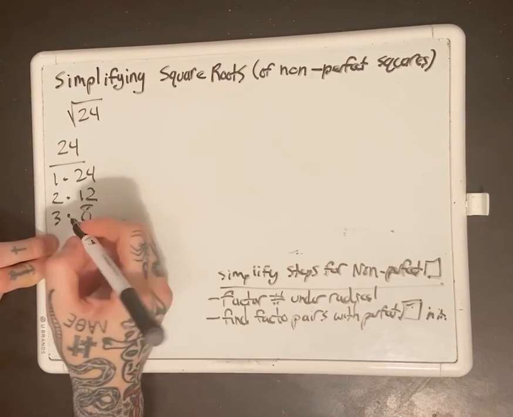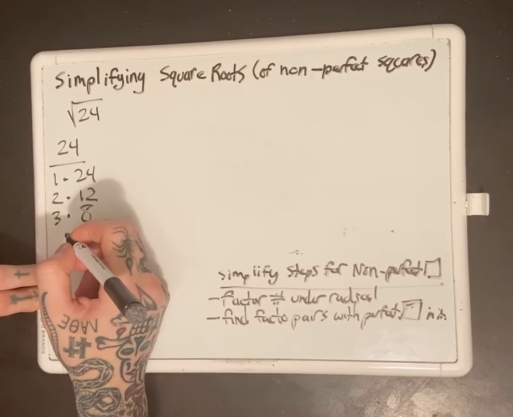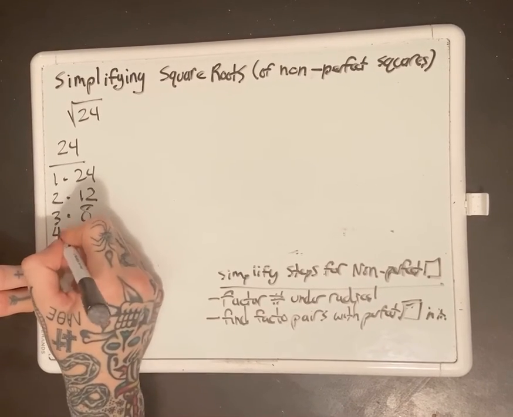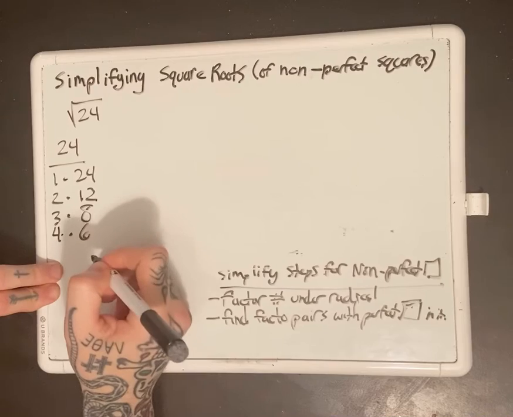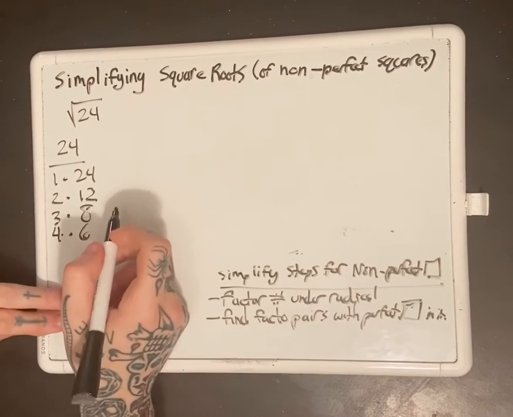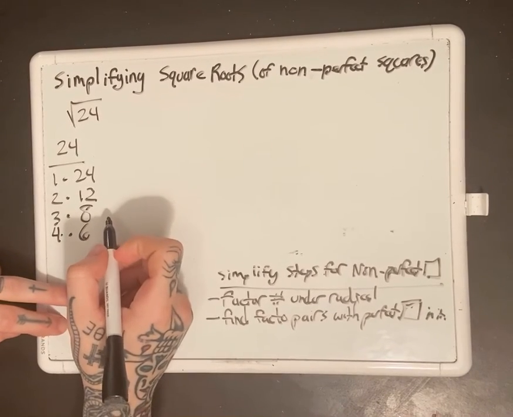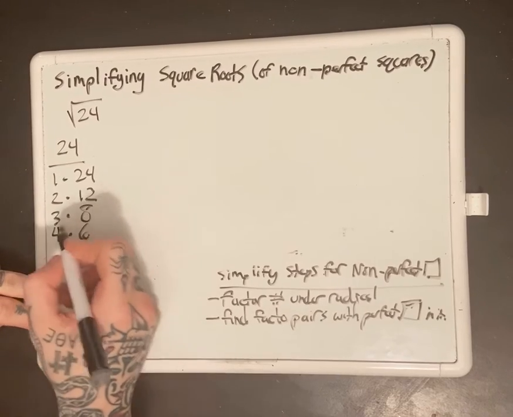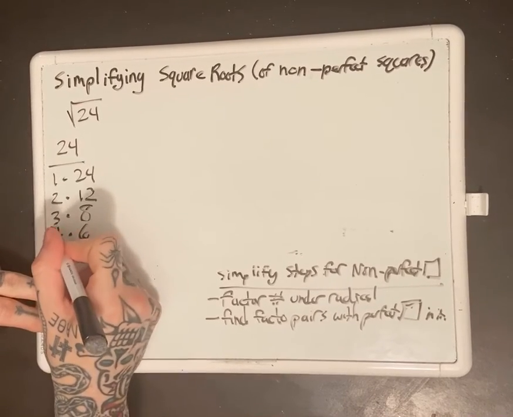And then, yeah, 4 and 6. So, which one of these pairs has a perfect square? This is the only one.